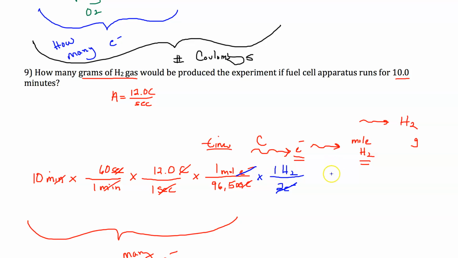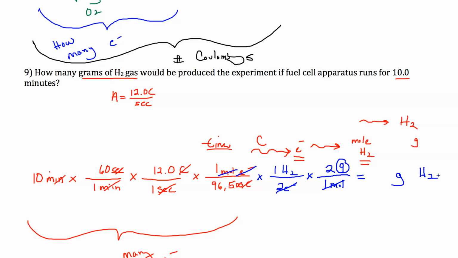They asked for grams. So we know that a mole of H2 equals some number of grams. We'll get rid of the mole. 1 mole is equal to how many grams? Well, each H is 1 gram per mole. Each particle has 2 of them, so it's 2 grams. That's the molar mass. Mole is canceled. The only unit left standing is grams of hydrogen. And let's put this through our handy dandy calculator.